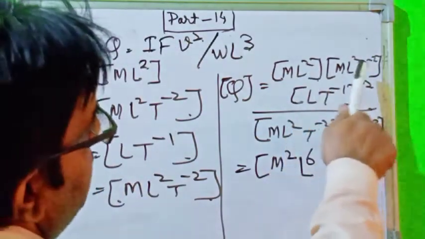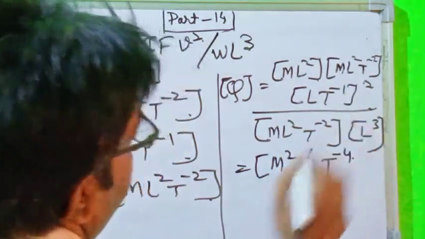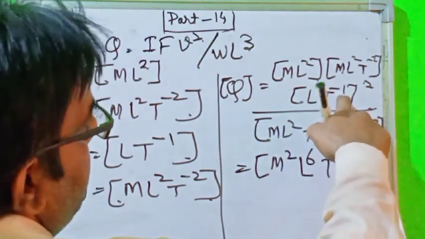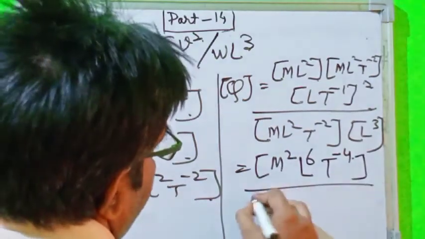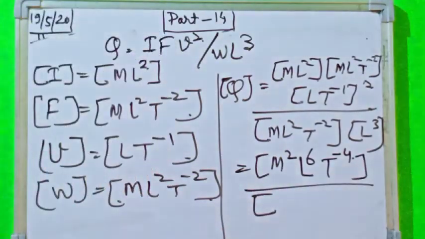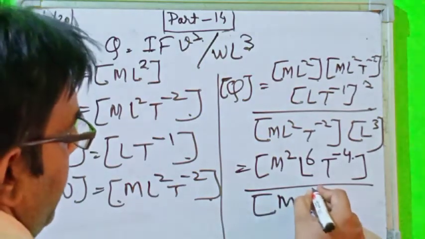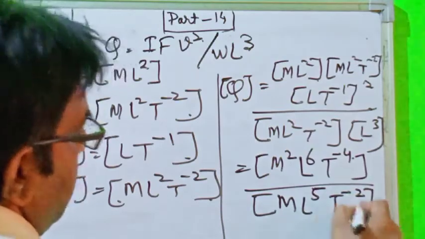T to the power 0, T to the power minus 2, T to the power minus 2, so T to the power minus 4. So in the numerator we get M square L to the power 5 T to the power minus 4.